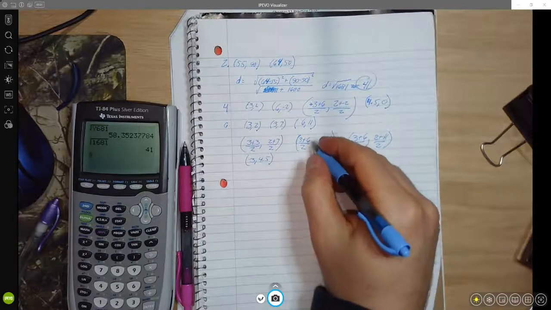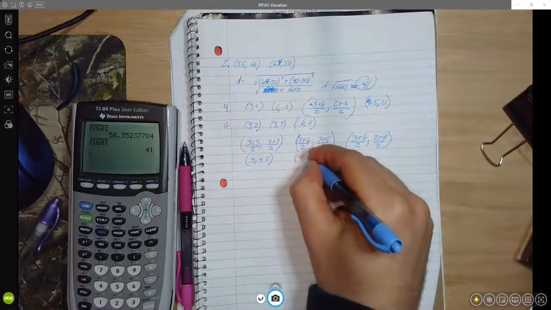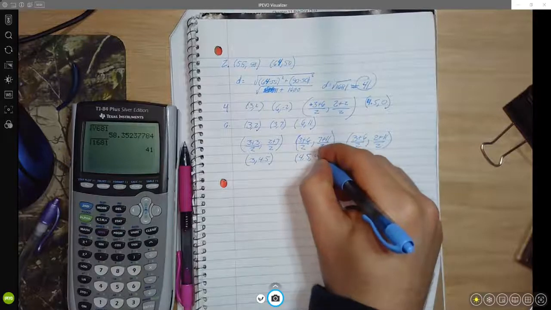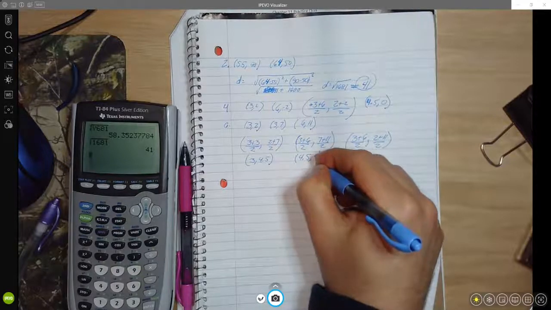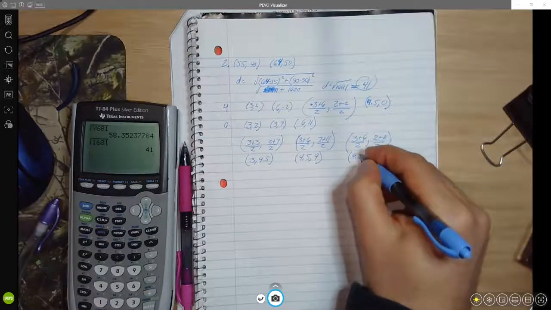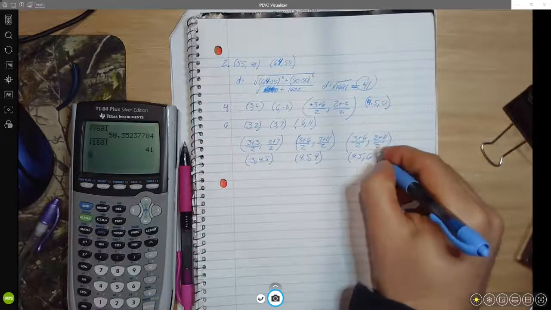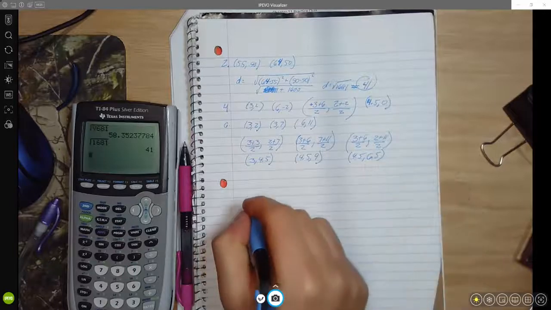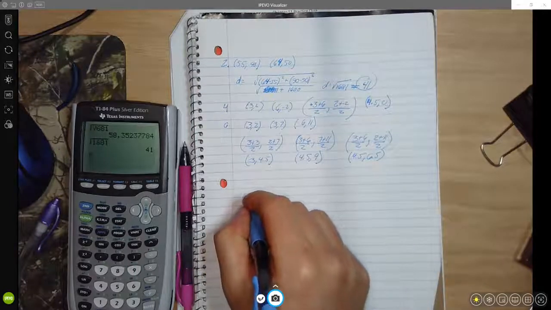Then 9 over 2 is 4.5, 18 over 2 is 9. And then 9 over 2 is 4.5, and 13 over 2 is 6.5. There are your midpoints.